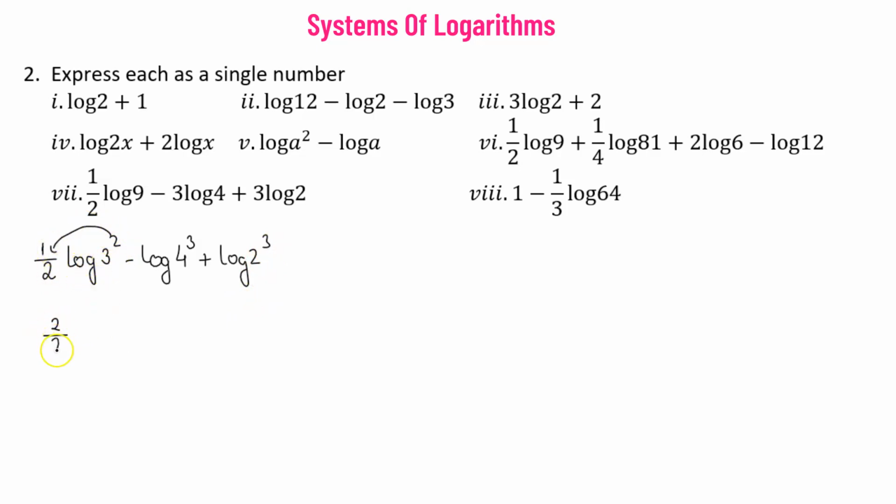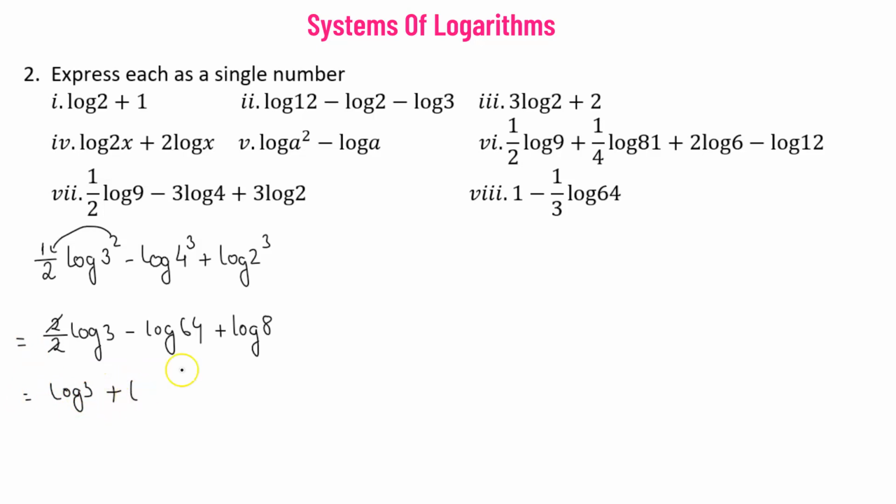So we have 2 over 2 times log of 3 minus log of 4 raised to the power of 3. So that is 64. Plus log of, we have 2 cubed. So 2 cubed will be 8. So here 2 and 2 go away. And this leaves us with log of 3.